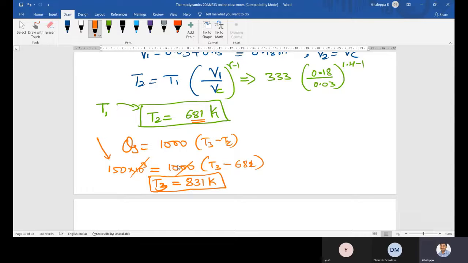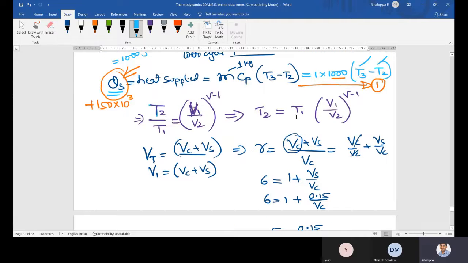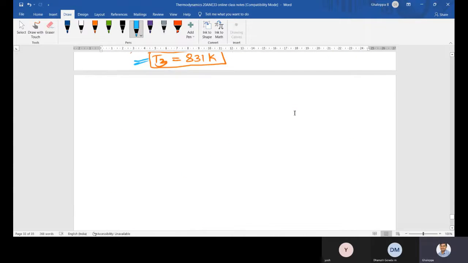Okay, now T1 you have calculated, T2 also you have calculated, and T3 also you have calculated. Now your aim is to find the value of T4. Using the same equation that we have written on the board, which I wrote for compression, a similar equation you need to write for expansion. So expansion is T3 by T4. I will write here T3 by T4 is equal to V4 by V3 to the power of gamma minus 1.